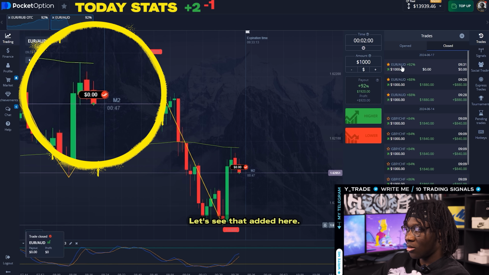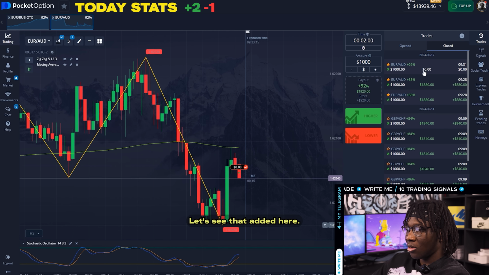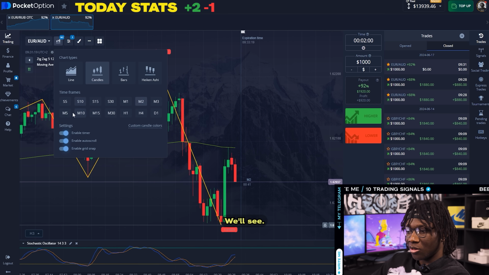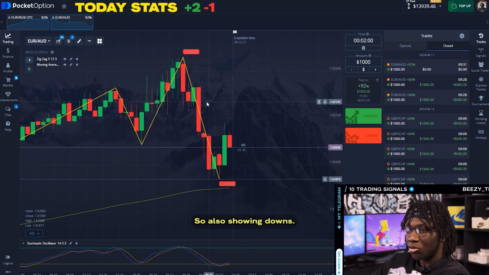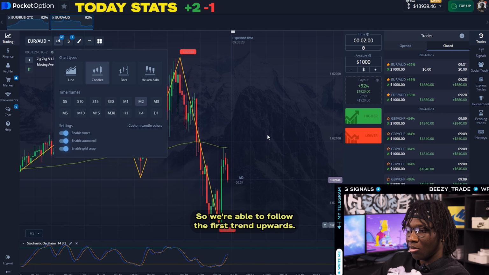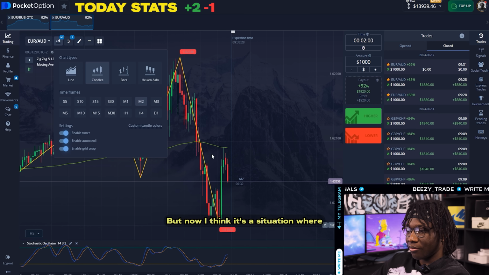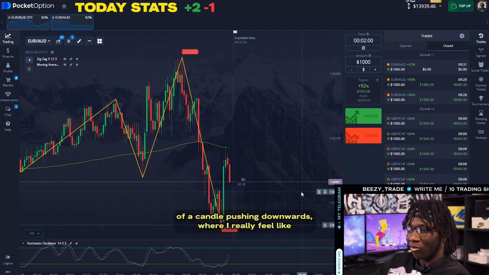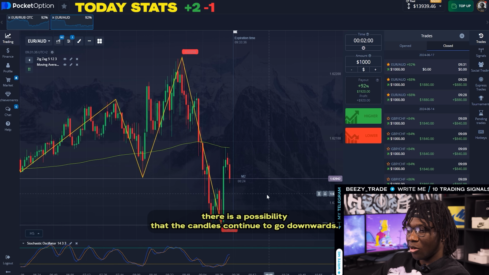1 trade, see that added here. So yeah, let's go back to our M5 and see. So also showing downwards. So we're able to follow the first trend upwards, but now I think it's a situation where this is just way too strong of a candle pushing downwards, where I really feel like there is a possibility that the candles continue to go downwards.